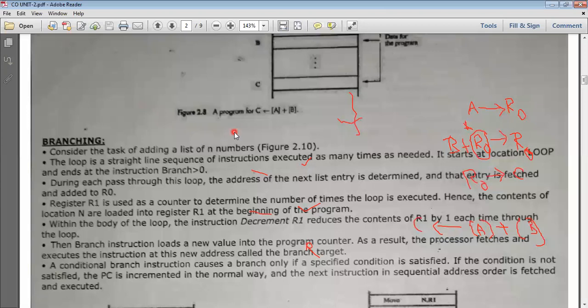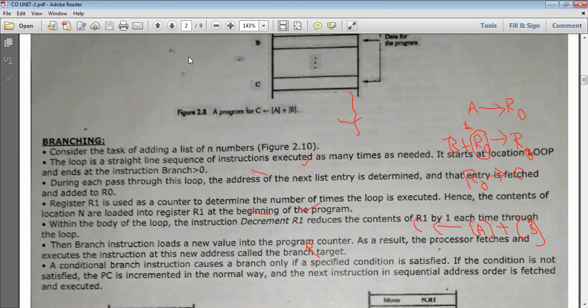What is the operation done in loops? Whatever the instructions inside that loop, those instructions will be executed until some condition is satisfied. Okay, ma?